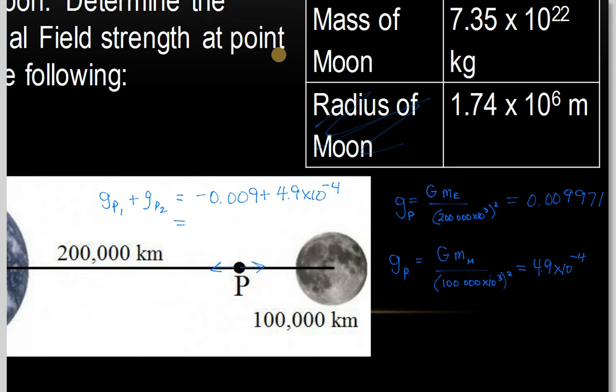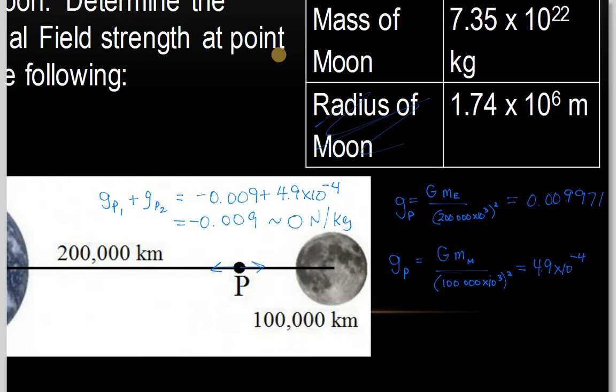It looks like we're probably going to get 0 here. We essentially get 0.